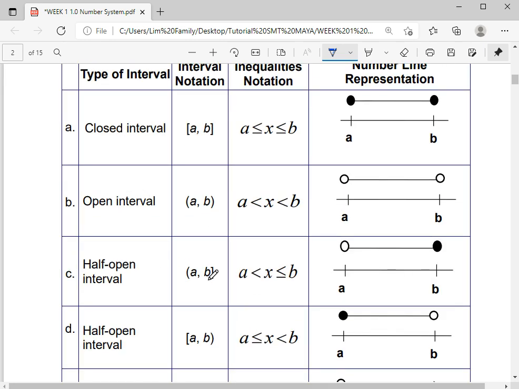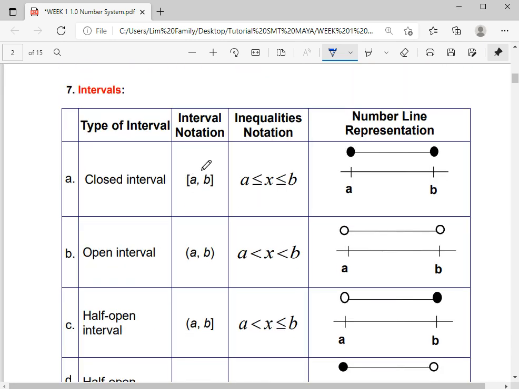So let's say we have an interval from A to B. Where A is included, so we have an equal sign here, and B is also included, so we have an equal here. So when we want to draw, it will become A, we have a dot, which is a filled circle, which means A is included, and we draw until B. So B is also included. When A and B are not included, which means not equal, it will become an empty circle.